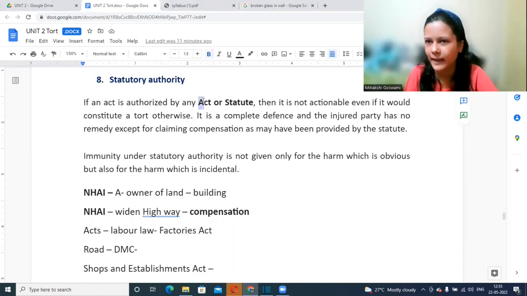If you get it in capital letter, that means a legislation, like we have the Indian Contract Act, IPC. These are nothing but acts or statutes. The Factories Act, these are statutes, acts, or legislations.